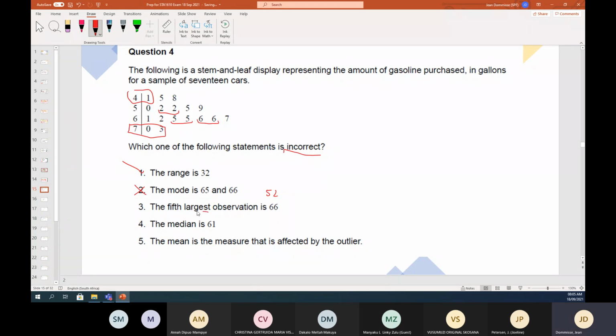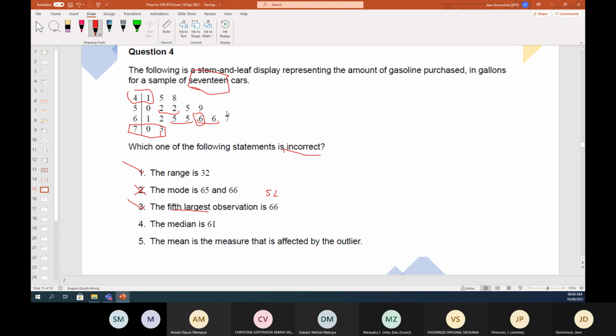Let's look at the others as well. The fifth largest: remember 73 is the largest, so let's go backwards. 1, 2, 3, 4, 5. So the fifth largest is 66. That is correct. The median is 61, so let's look at where it is. There are 17 cars.